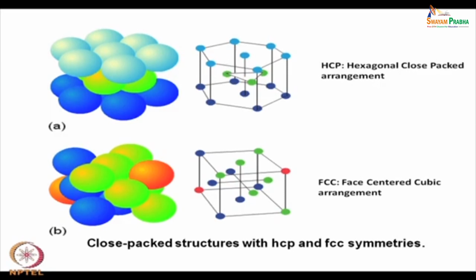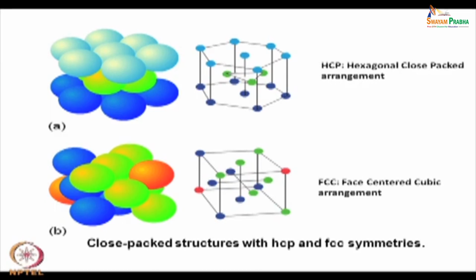They are close packed in the sense of atomic packing, that is, how many atoms there are per unit area of that particular surface. That is what we call the atomic packing. So, in a close packed plane, the atomic packing is maximum.